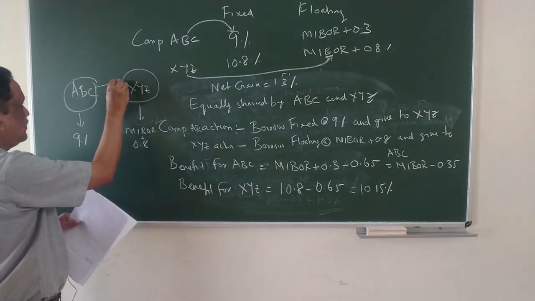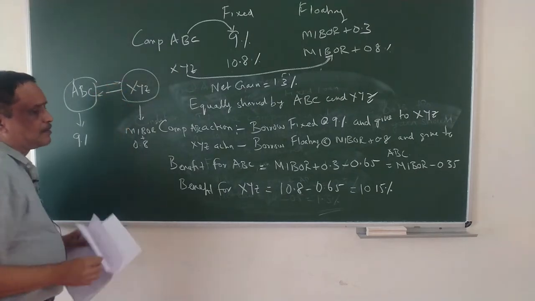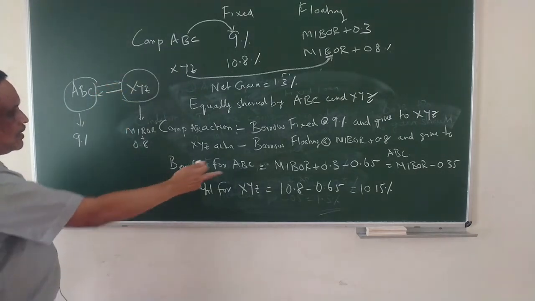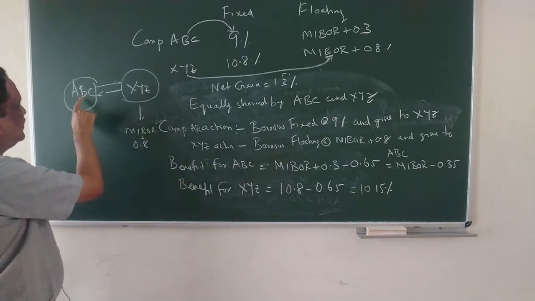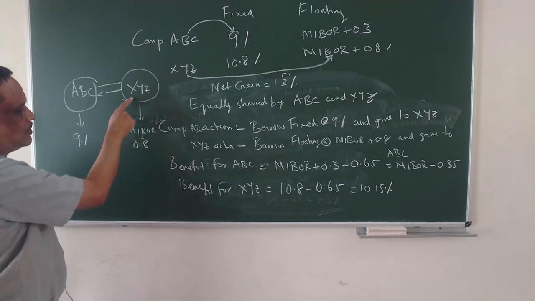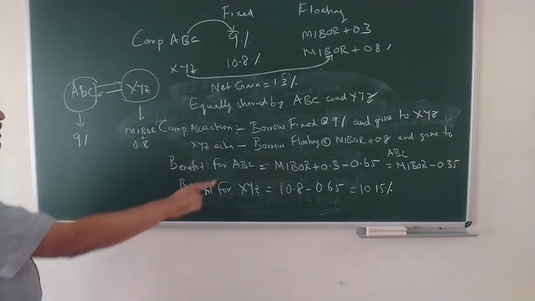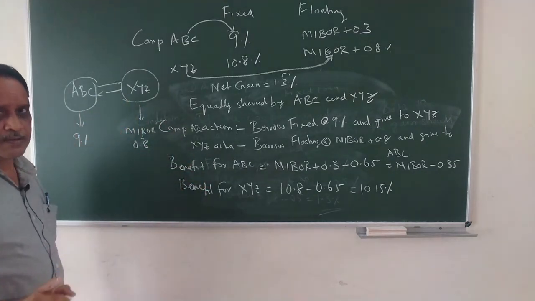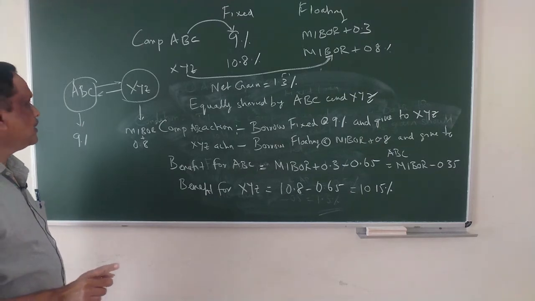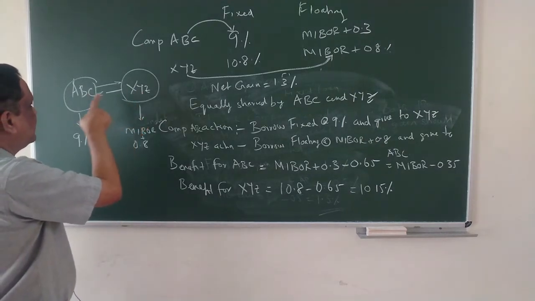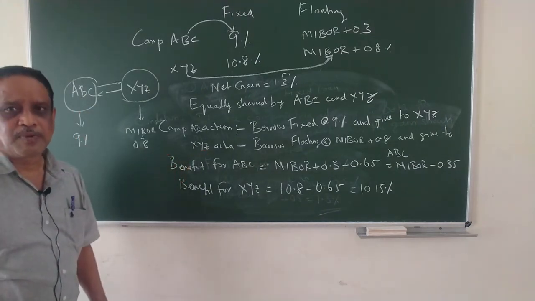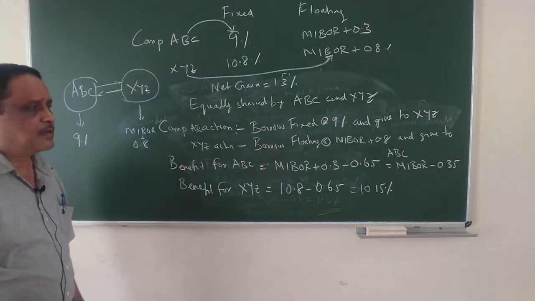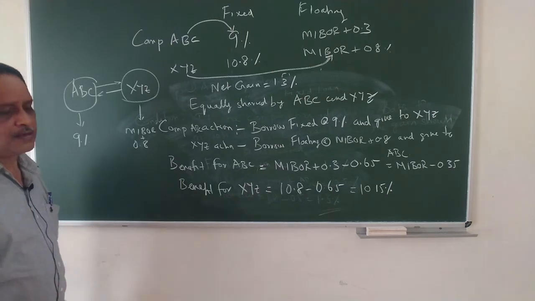And they exchange cash flows at the lower interest rate. Okay, ABC will be giving loan to XYZ at 10.15 fixed. Okay, XYZ will be giving the loan to ABC at LIBOR minus 0.35. Hence the deal is done.